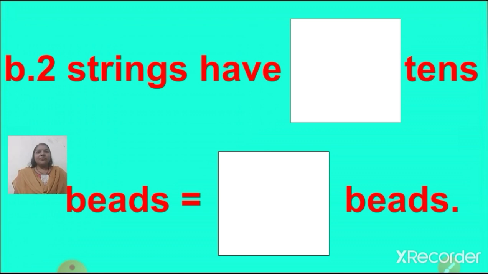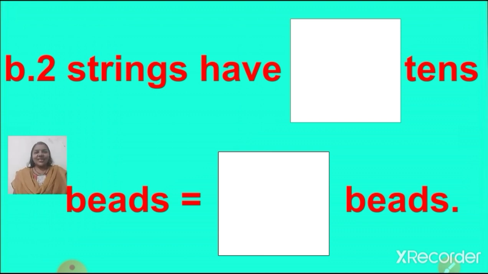Second question. Two strings have dash tens beads, equals dash beads. I know children, you all are very clever and can answer correctly. If in one string there are 10 beads, so two strings will have how many tens?